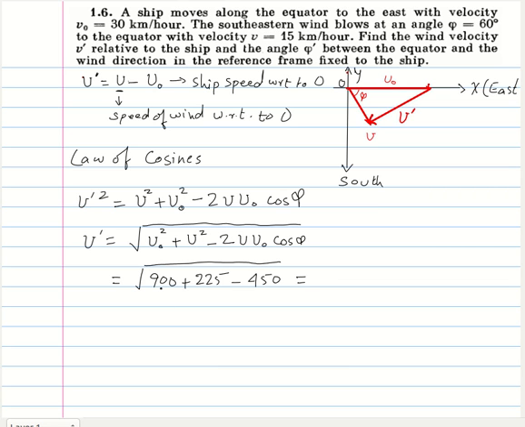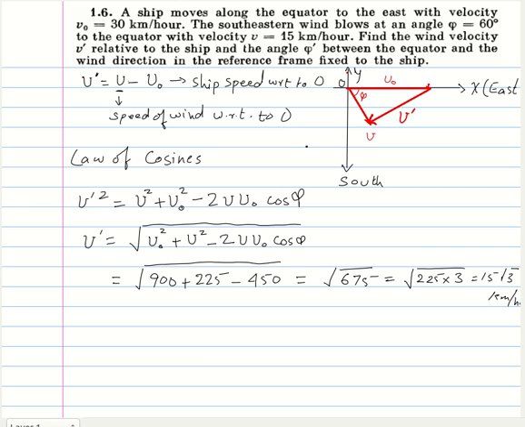And this is equal to 450 plus 225 is equal to 675. This can be written as 225 into 3, so v dash is equal to 15 root 3 kilometers per hour. So this is the speed of the wind that the captain on the ship will feel.